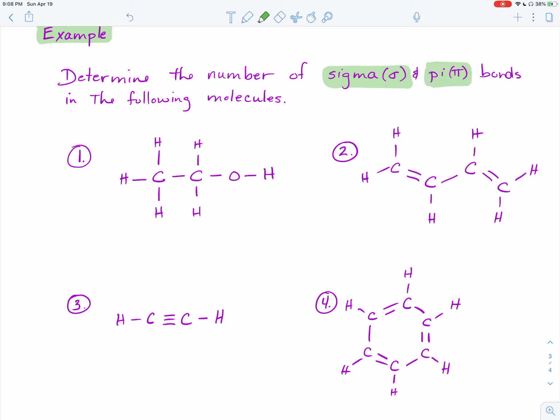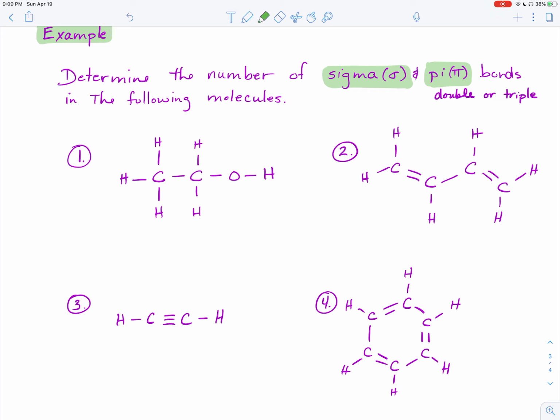And the pi bond is going to be the second of a double bond or the second and third of a triple bonding pair within a triple bond. In these examples, I gave 4 examples, let's determine the number of sigma and pi bonds in the following molecules.